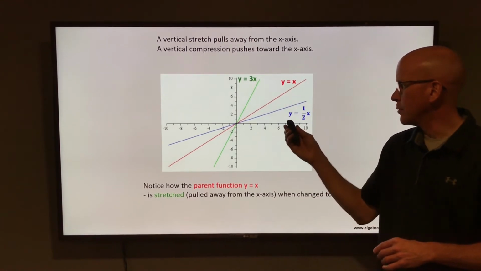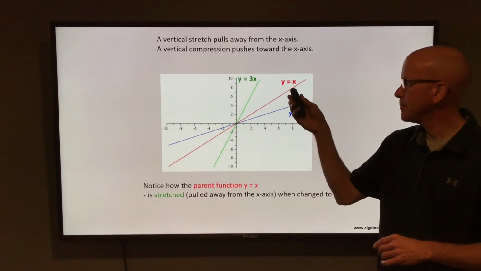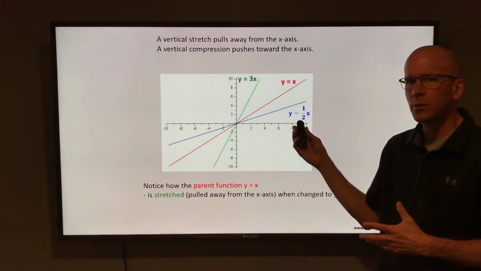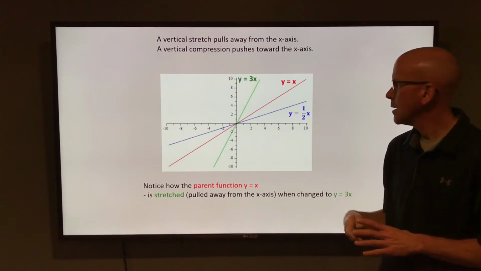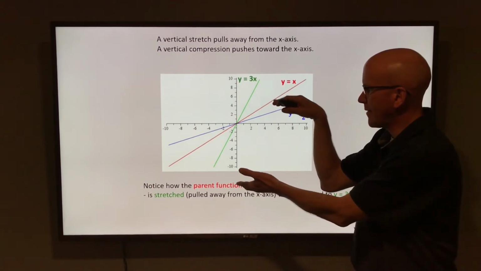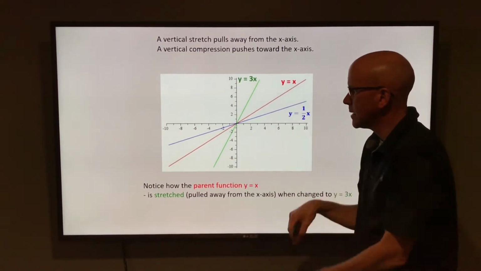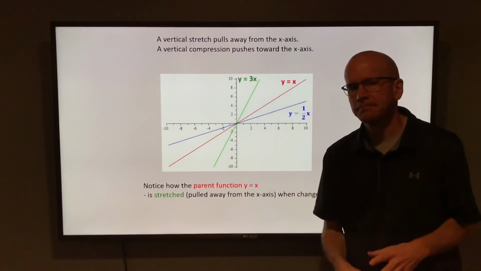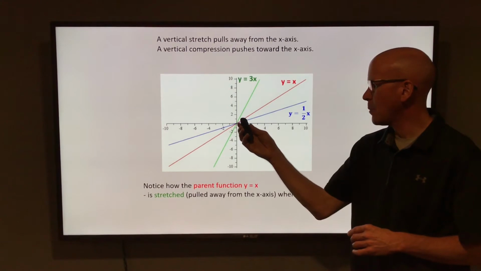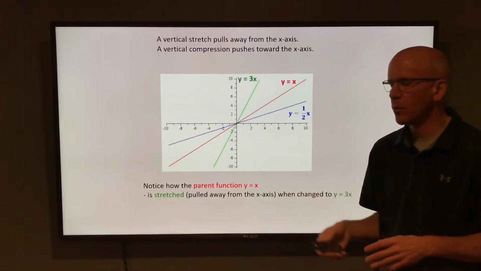From red to blue, we're multiplying the y value, that whole right side, in other words the x, by a number between 0 and 1, or 1/2. So from red to blue, you can see the graph is compressed toward the x-axis on both sides. It's tilted toward the x-axis. So what was a point of (1, 1) now becomes (1, 1/2) because you're multiplying the y value by 1/2.